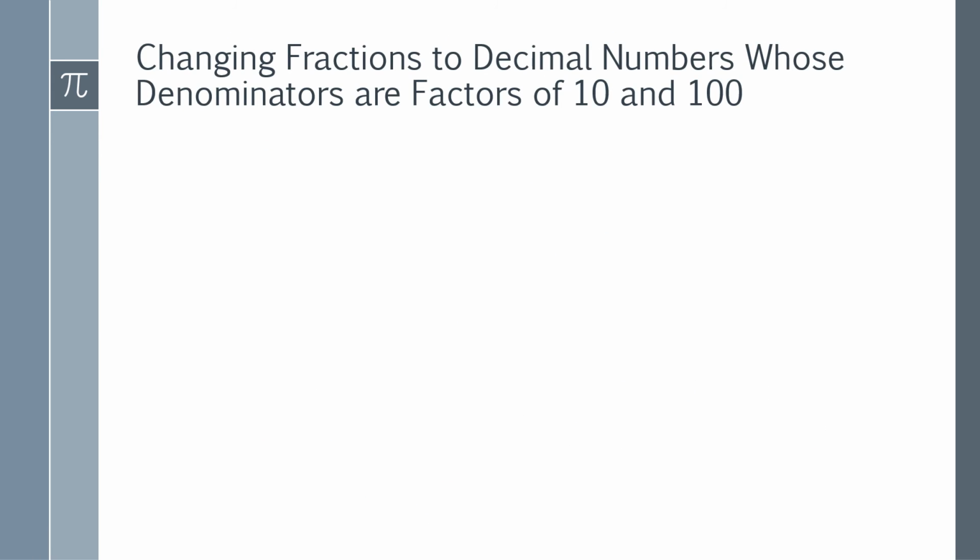So ngayon naman, let's proceed to changing fractions to decimal numbers whose denominators are factors of 10 and 100. So let's have example number 1, which is 2 over 10. Kapag magpapalit tayo ng fraction to decimal number, wag kakalimutan munang ilagay ang decimal point.